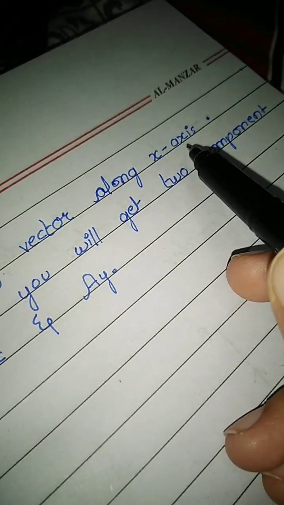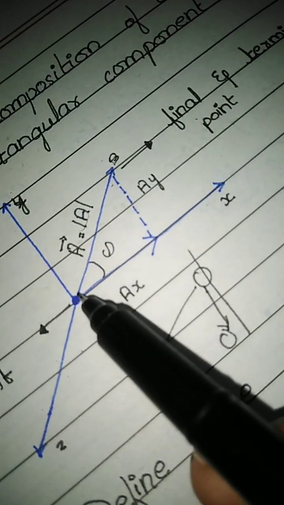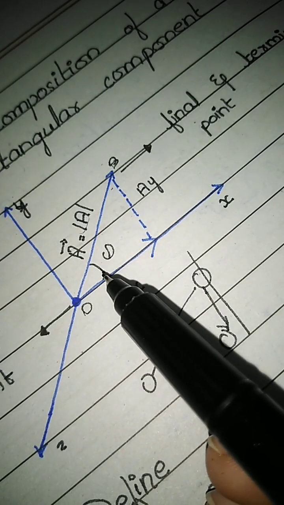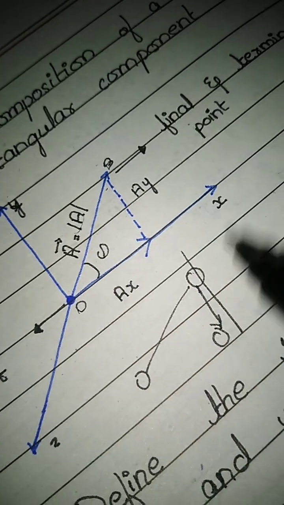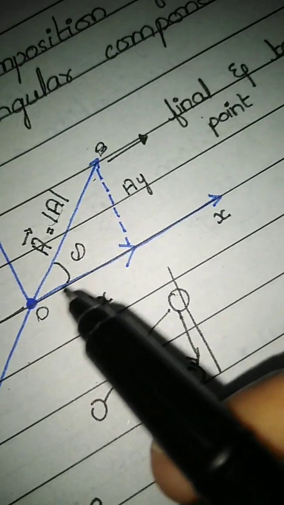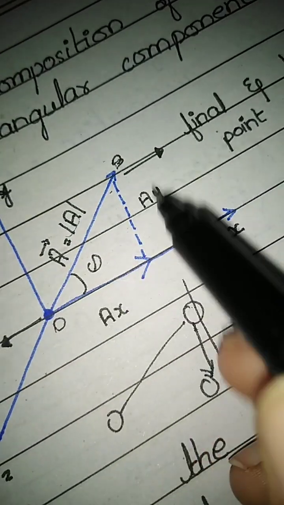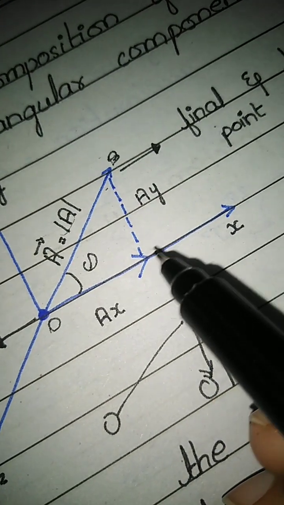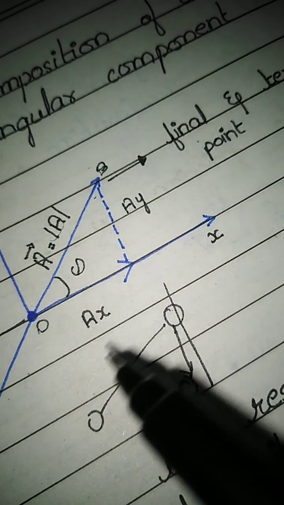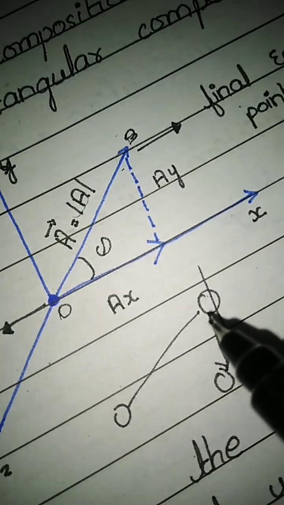After that, the projection of the vector along the x-axis. Here we get two components, AX and AY. After drawing these lines or vectors, we have AX and AY as components. And this is all about this lecture.